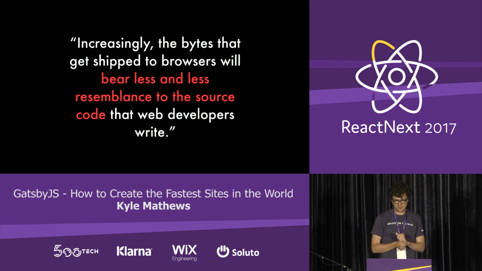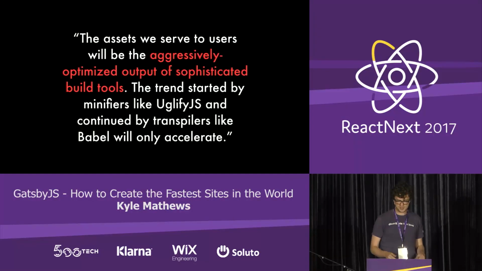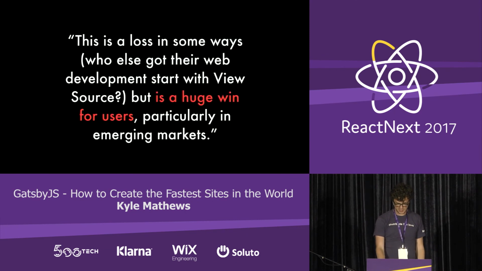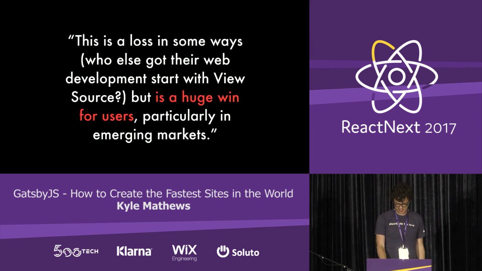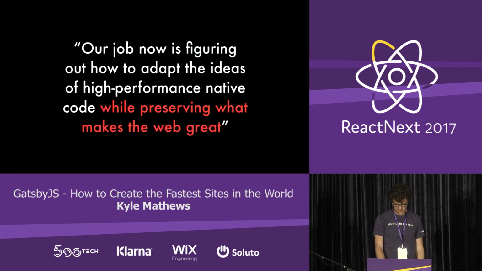Increasingly, the bytes that are shipped to browsers will bear less and less resemblance to the source code that web developers write. The assets we serve to users will be aggressively optimized output of sophisticated build tools. This is a loss in some ways, as now the output is fairly opaque, but it's a huge win for users, particularly in emerging markets. And our job now is figuring out how to adapt the ideas of high-performance native code while preserving what makes the web great.